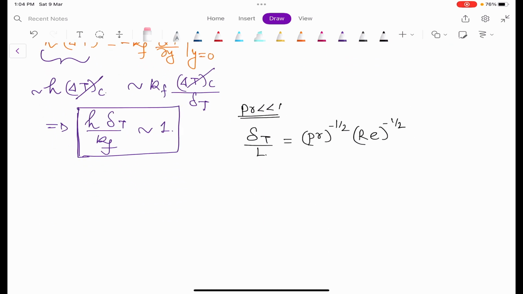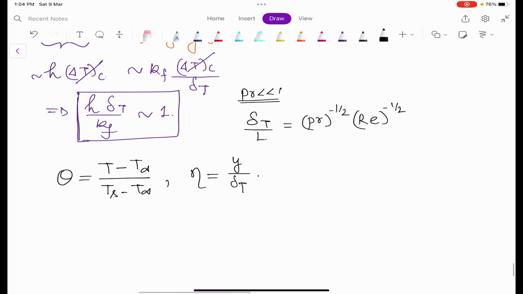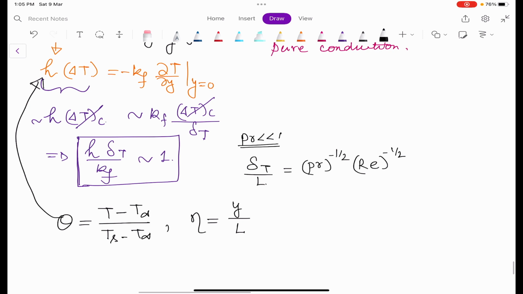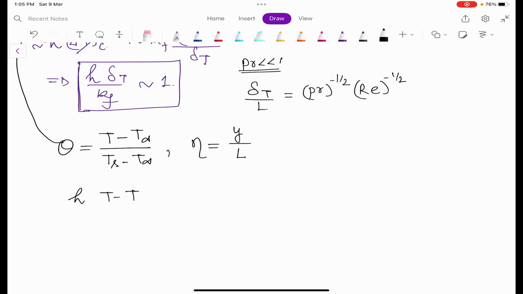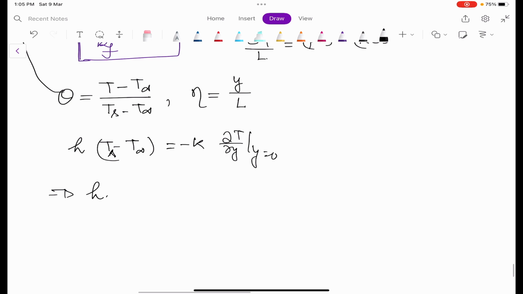Let me define some variable theta as T minus T wall, that is T surface, by, okay, T minus T infinity by Ts minus T infinity is my theta, and eta as y by delta t, or y by L actually, y by L. If you substitute in this energy balance equation, then you will get h into Ts minus T infinity equal to minus k del T by del y at y equal to 0. This was the energy balance.